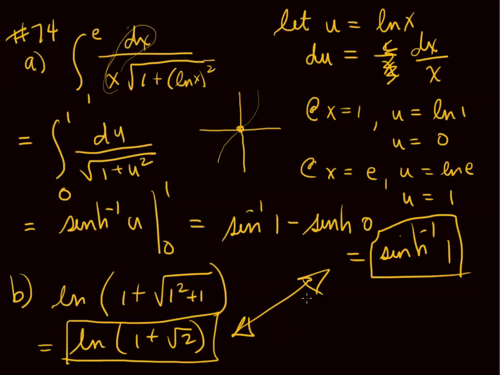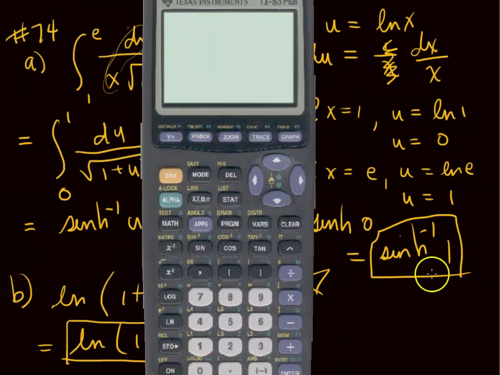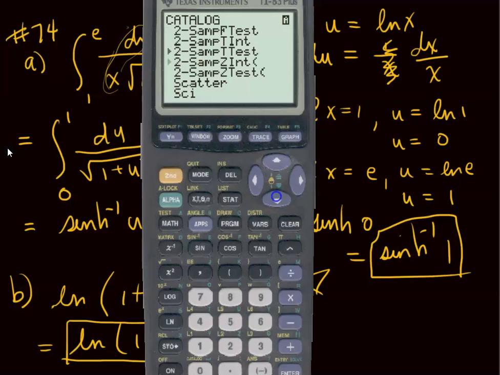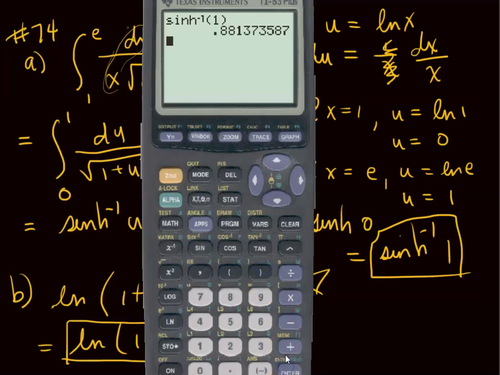How do you check that? Well, let's see if we can do that with our calculator. What is the inverse sinh of 1? Let's get out of this, clear this stuff off. We need the inverse sinh. Go to the catalog, go to S, find the inverse sinh of 1. 0.88137357 because of the way this is defined.